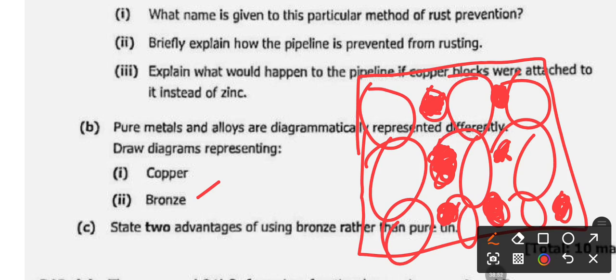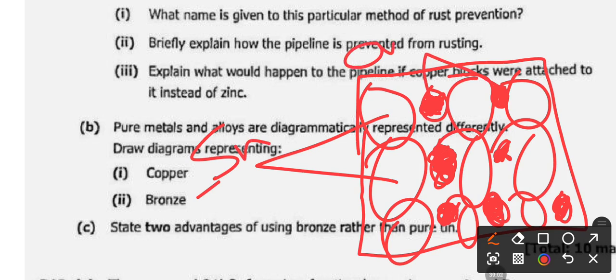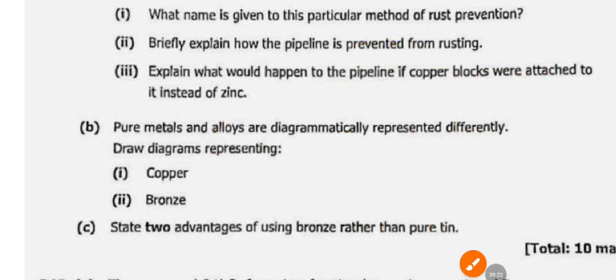These ones would be the atoms for tin, and the smaller ones here would be the atoms of copper. If you check the periodic table, tin has a larger atomic size than copper. That's the reason why I've shown them like this.